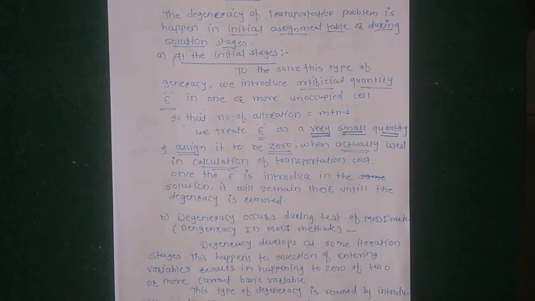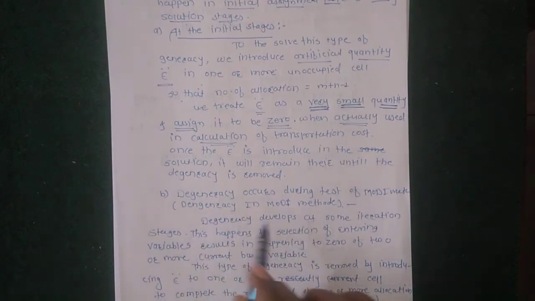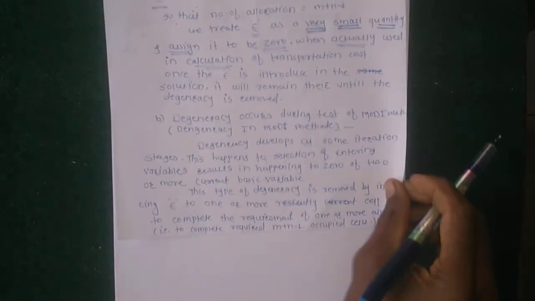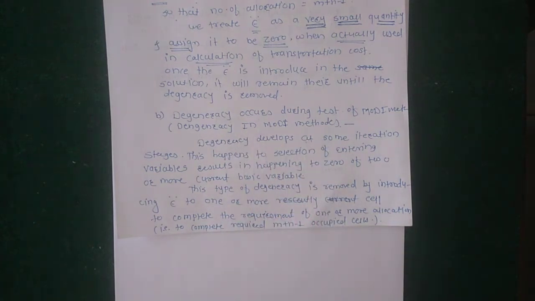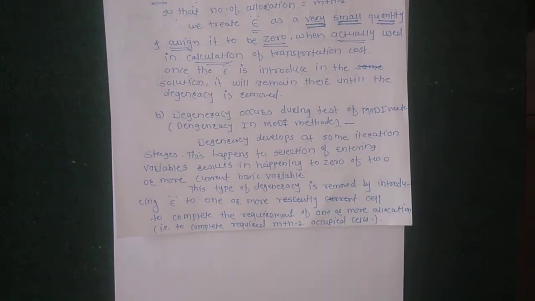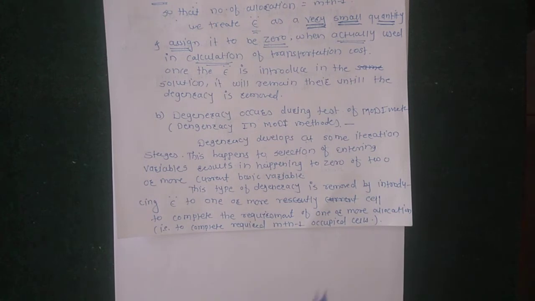Second, degeneracy occurs during the test of the Modi method. First, for the given transportation problem, we find a solution by one of the three methods, NWCM, VAM, or LCM, with the number of allocations equal to m plus n minus 1, and then we apply the Modi method to get the optimal solution.